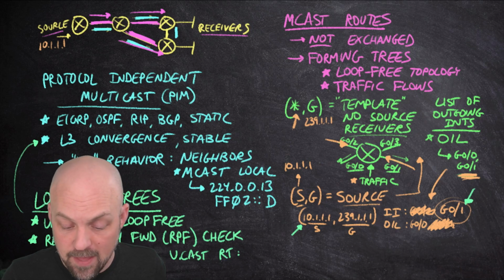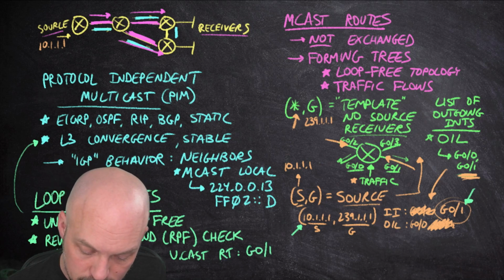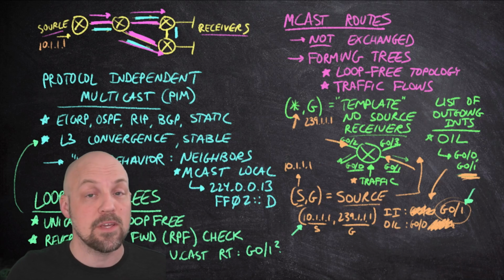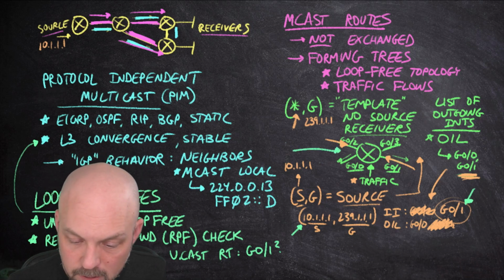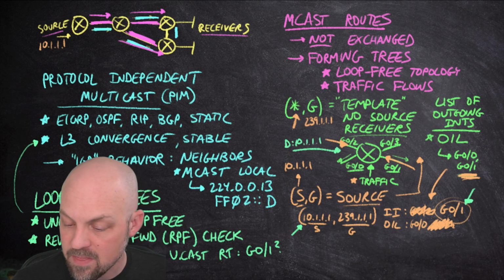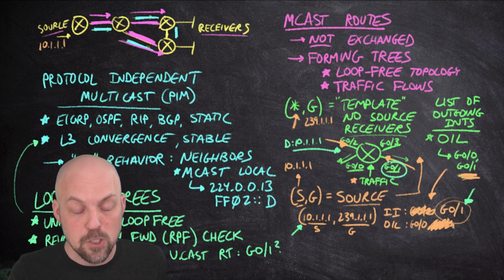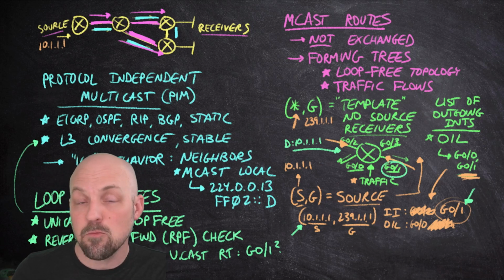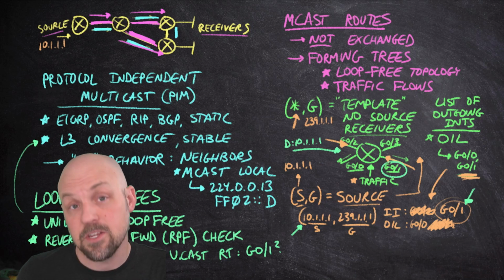So I'm going to check that and find out, okay, would I send it out gig 0 or out gig 01? If I got a packet in to the router destined for 10.1.1.1, would I then send it out gig 01? That's the reverse path forwarding check. I received multicast from this source address on this interface.